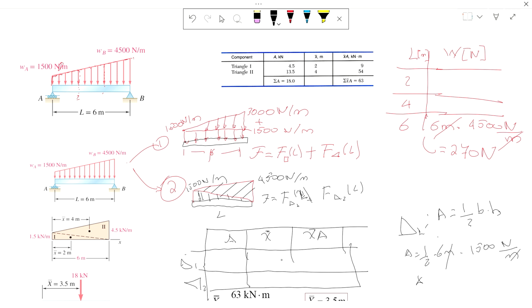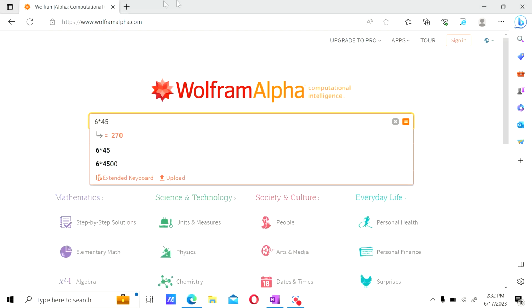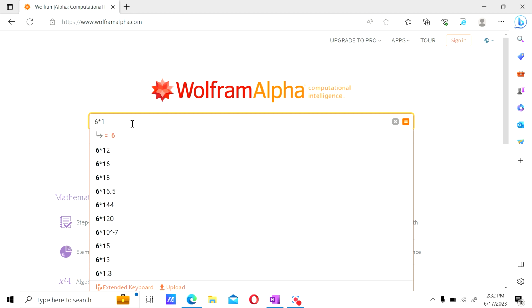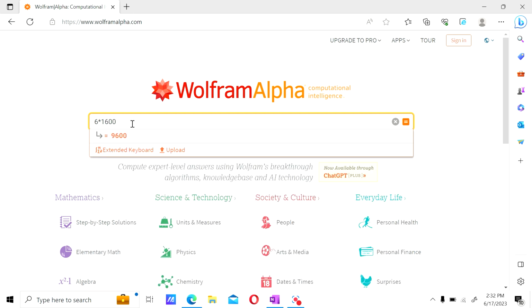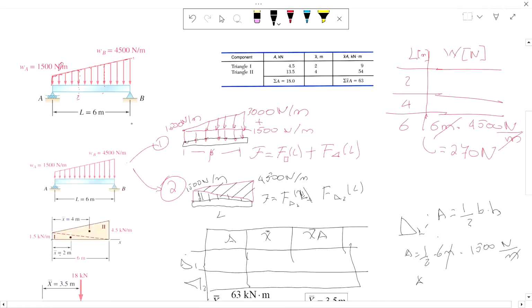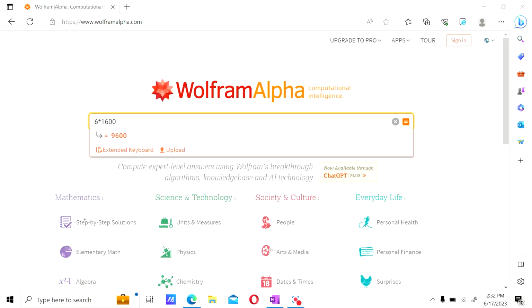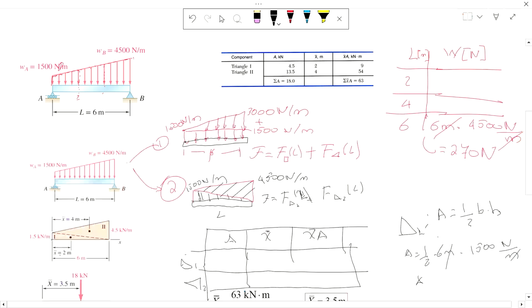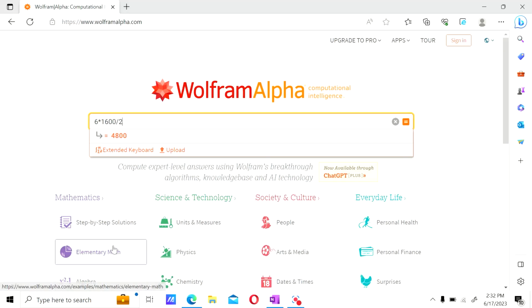All right, and why 6? 6 is this dimension right here, the base of the triangular shape, and 1500 is because of this height. So for triangular 1, we have 6 times 1500, which is 9,000 divided by 2, 4,500.